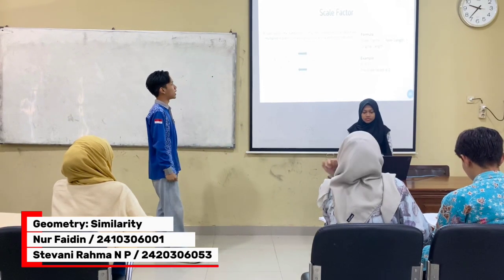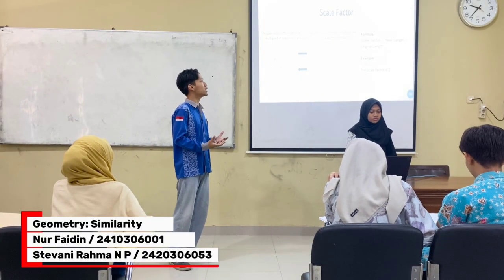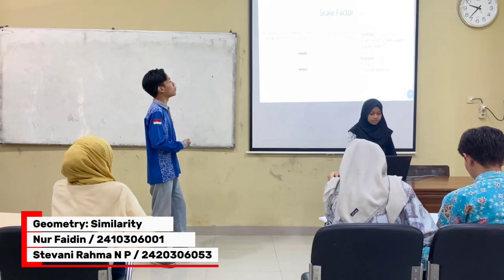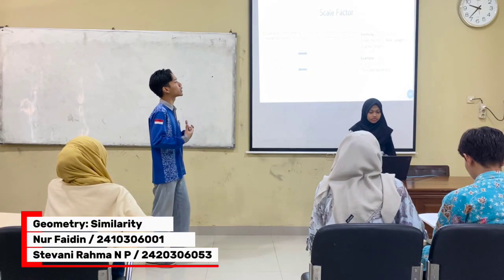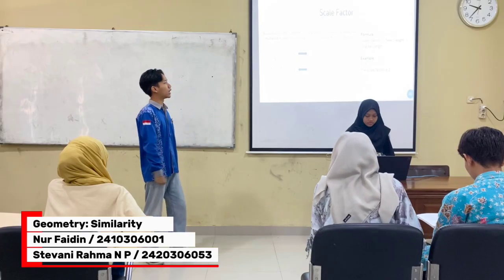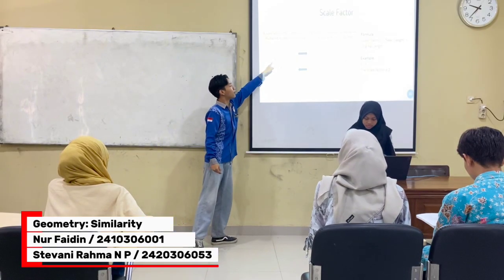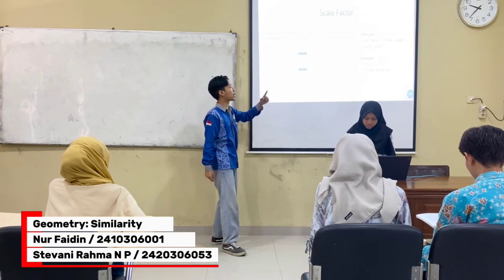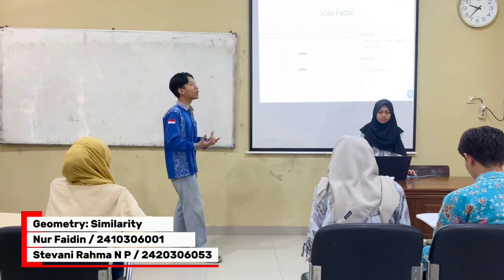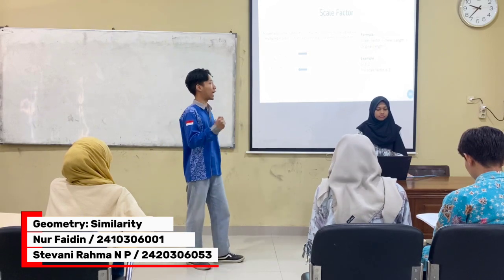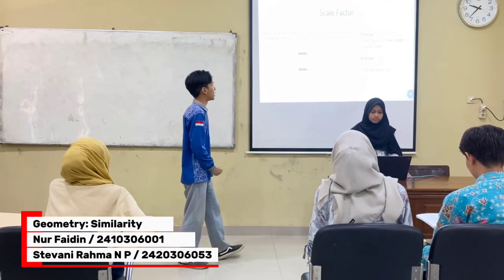Next, scale factor. A scale factor is the number by which all the components of an object are multiplied in order to create a proportional enlargement or reduction. Look at this picture. I have triangle 1 with sides 3, 5, 6, and triangle 2 with sides 6, 10, 12. Now, the formula for scale factor is new length over original length.